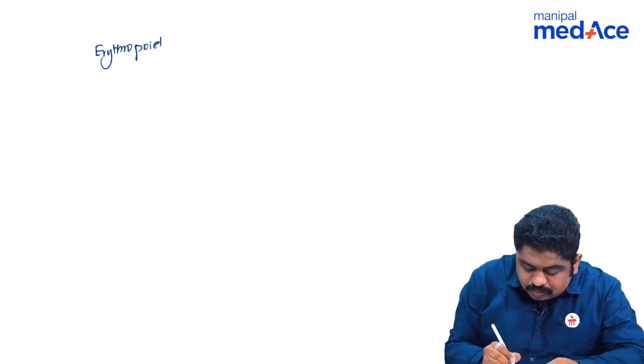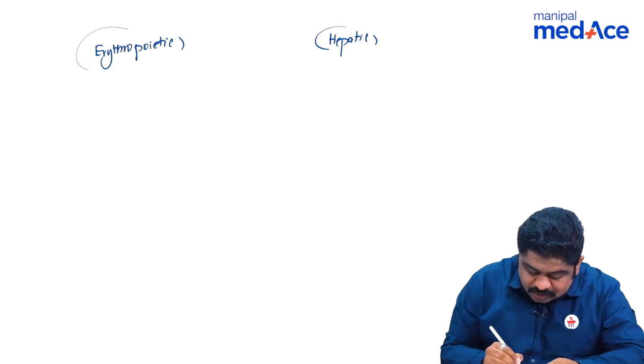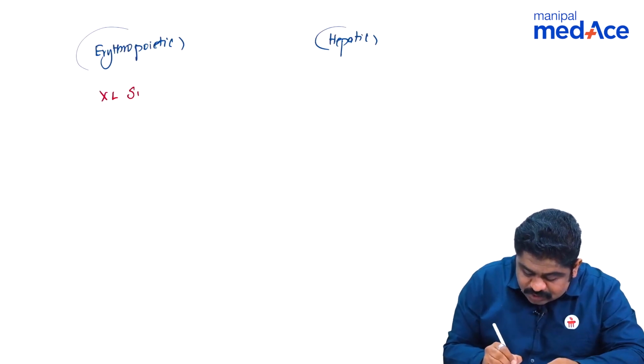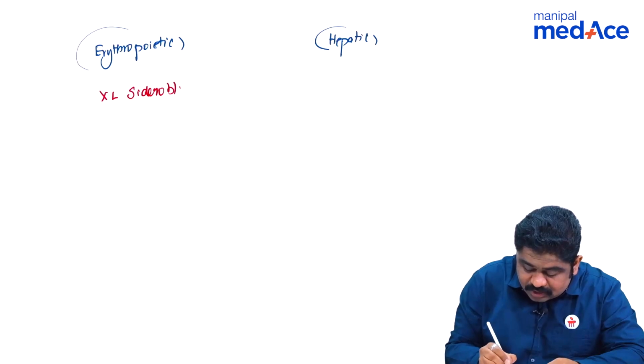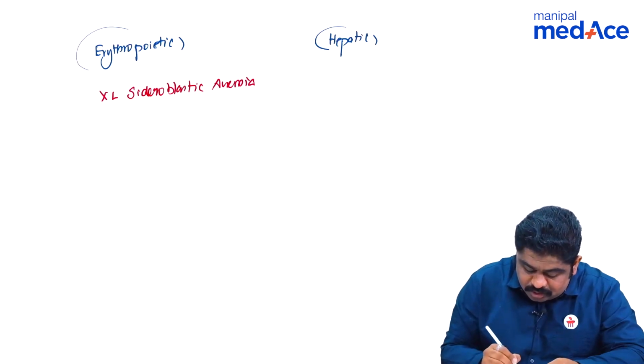Under erythropoietic porphyrias and under hepatic porphyrias, look at this part. Your X-linked sideroblastic anemia is erythropoietic.